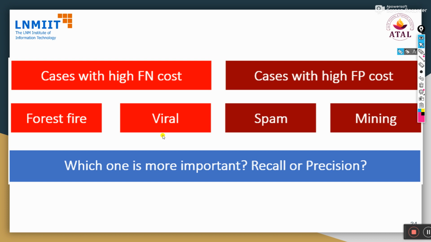Okay, so let me think about this. The case with high false negative cost: forest fire versus viral. False negative means that the prediction was true, but the actual was false.